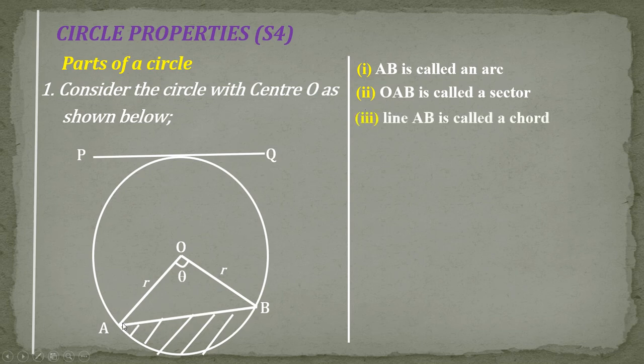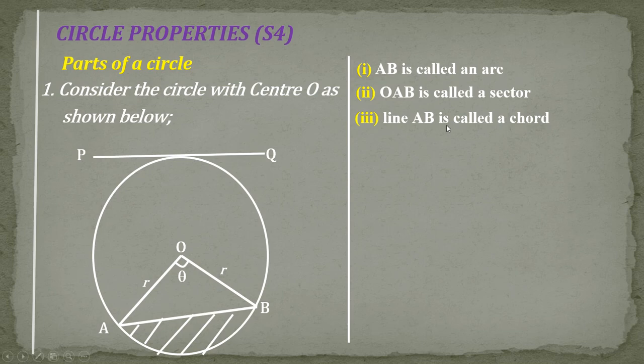Now the line AB, the straight line AB, is what we call the chord. Somebody may ask, what is the difference between a chord and a diameter? The diameter passes through the center. So if I draw a line from this point here through the center O to the other end of the circle, that is what we call the diameter.